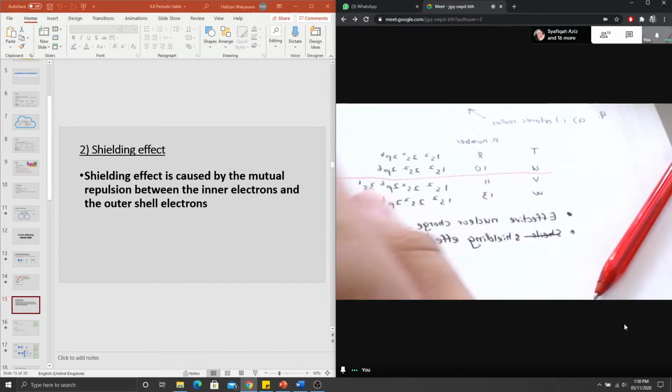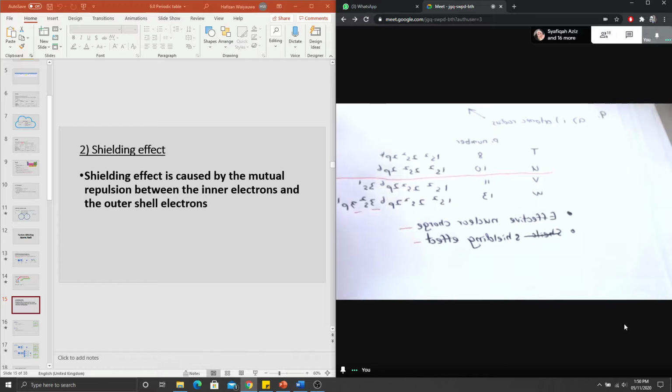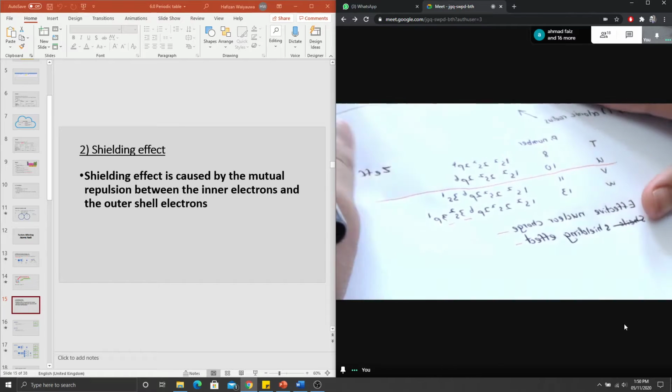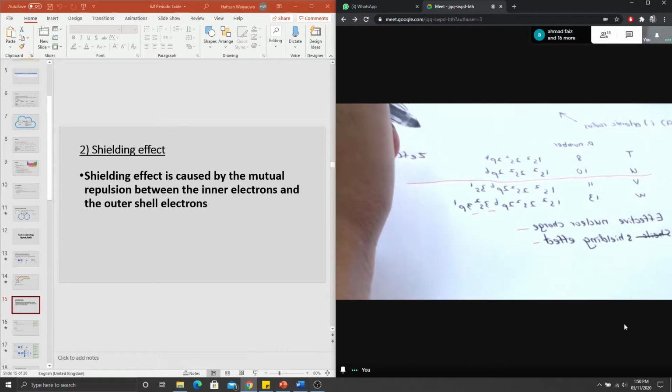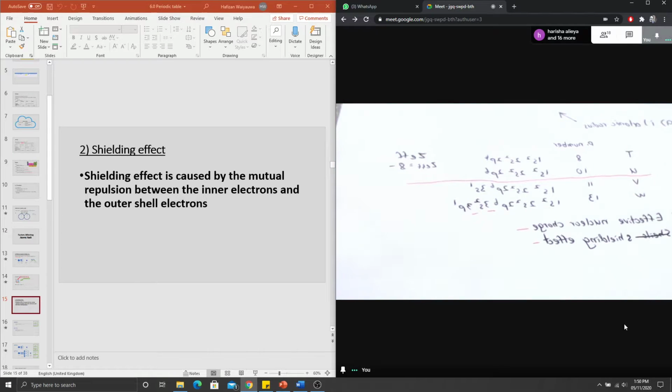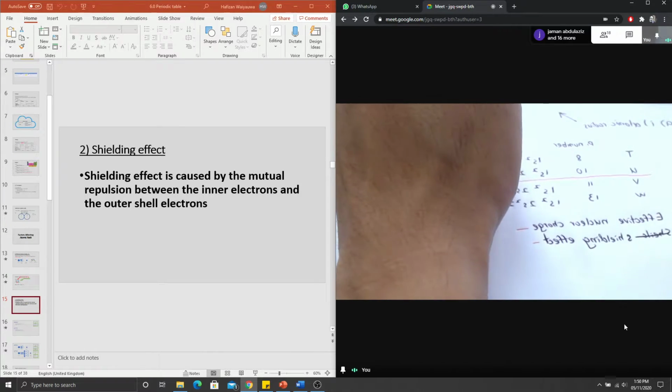So for effective nuclear charge, Z effective, how do we calculate it? Z effective is the number of protons minus the inner electrons, anything that is not valence electrons.